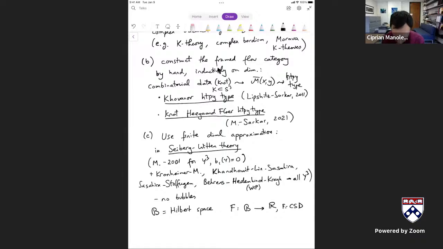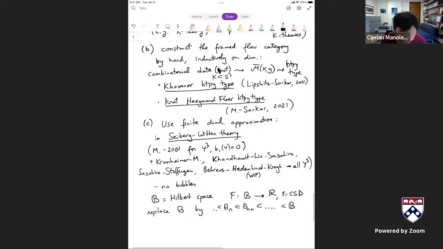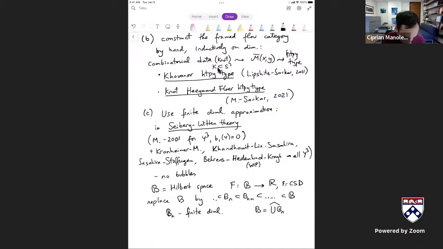So let's recall Seiberg-Witten Floer homology is about the Chern-Simons-Dirac functional. What we do is replace B by a sequence of spaces B_n inside B_{n+1} and so on inside B. B is the completion of their union. And so the B_n are finite dimensional. And you restrict F to them. So you look at F restricted to B_n.